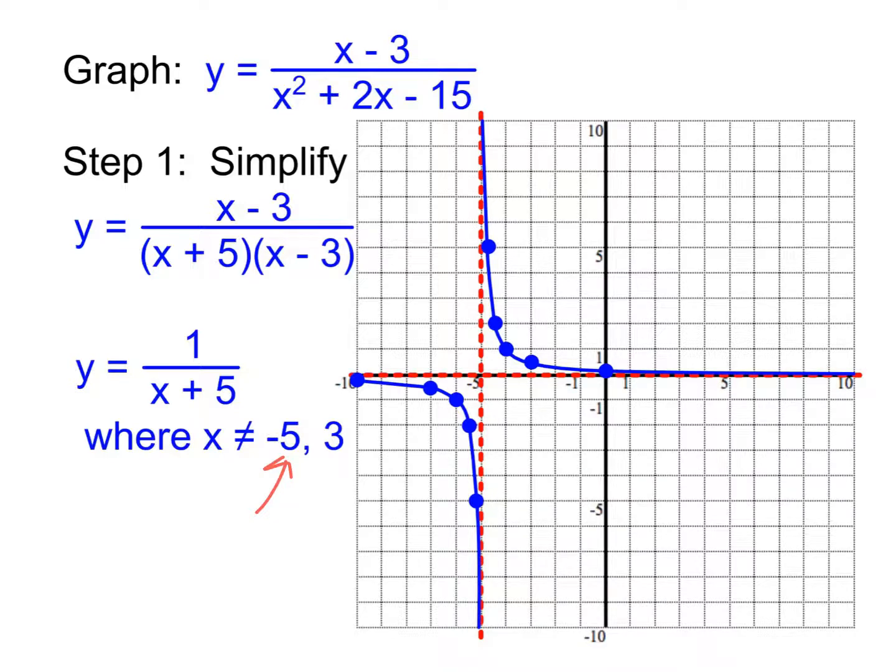Well, where the graph hits x equals 3, we're going to erase a little piece of the graph and replace it with an open circle. And so I put an open circle here on the graph at x equals 3, because remember x cannot equal 3, to show that that one point is excluded from the graph.